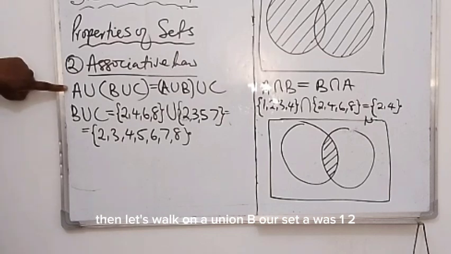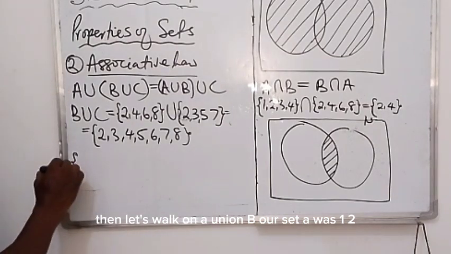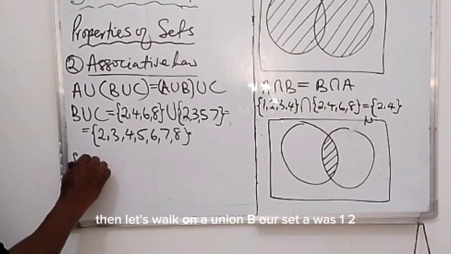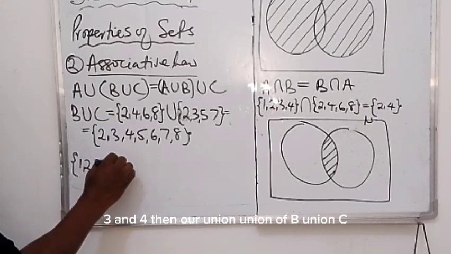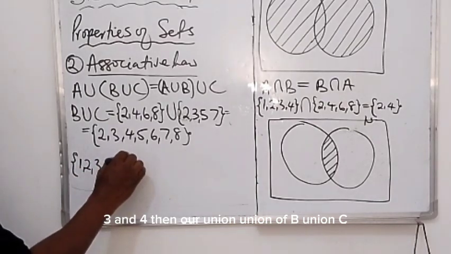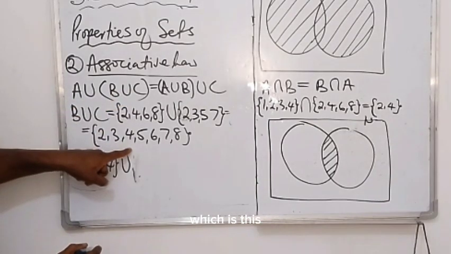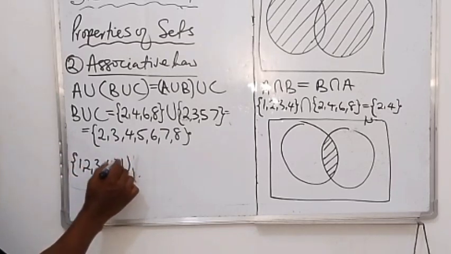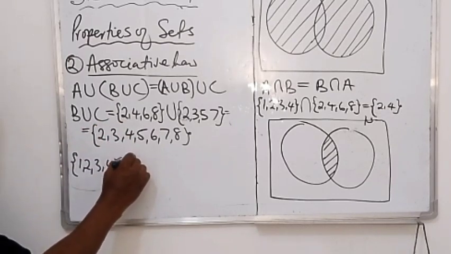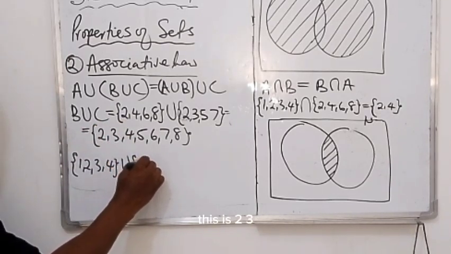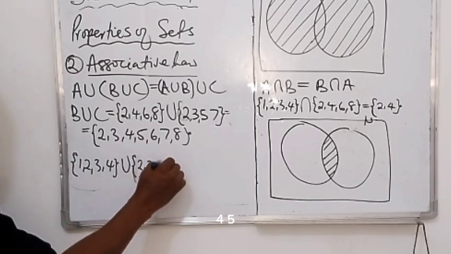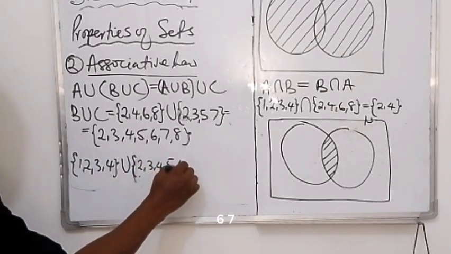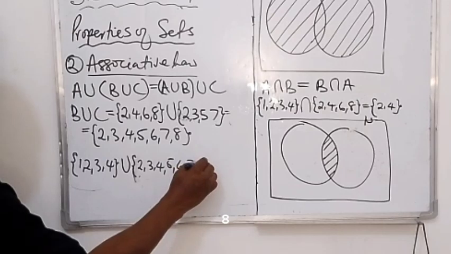Then let's work on A union B union C. Our set A was 1, 2, 3, and 4. Then our union of B union C, which is this, is 2, 3, 4, 5, 6, 7, 8.